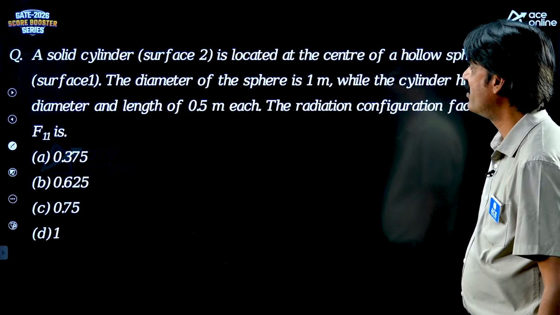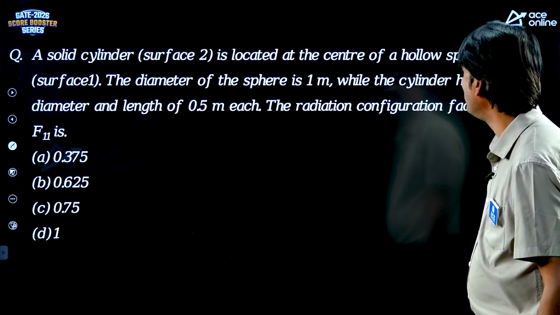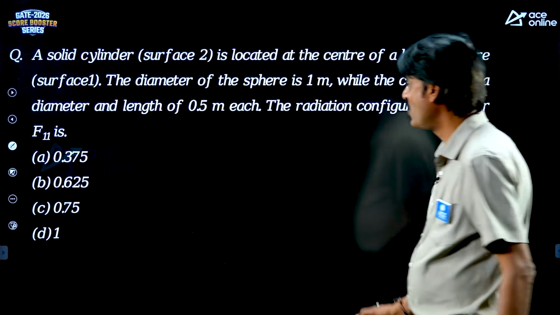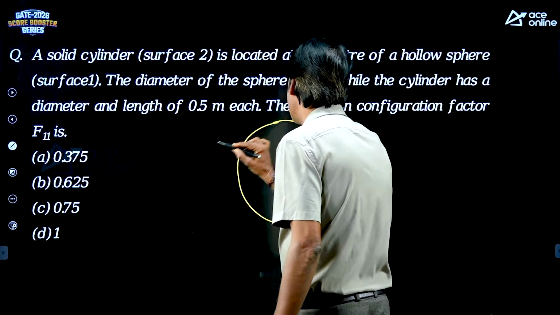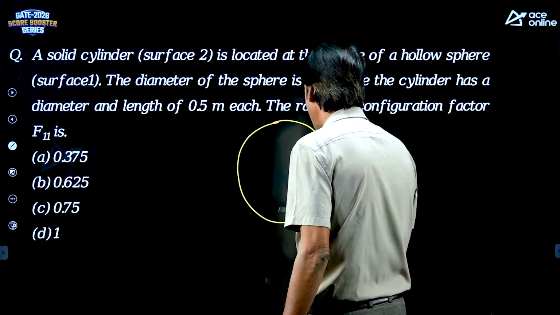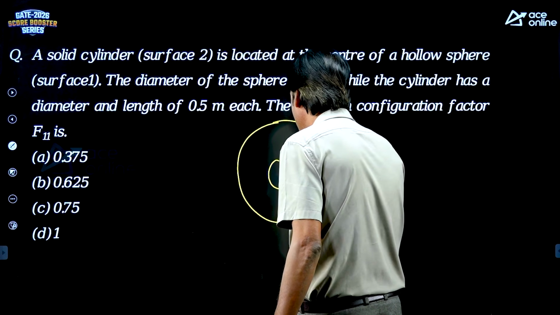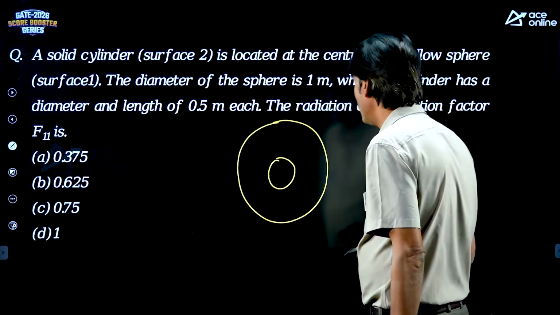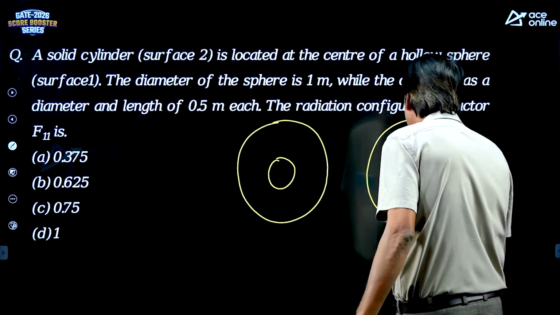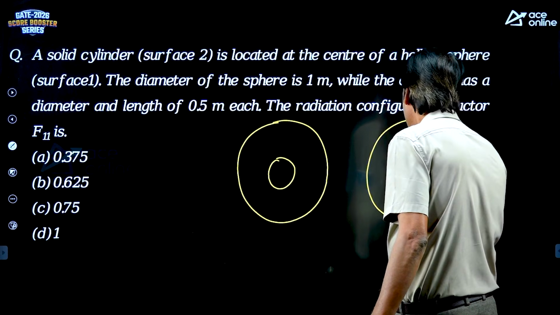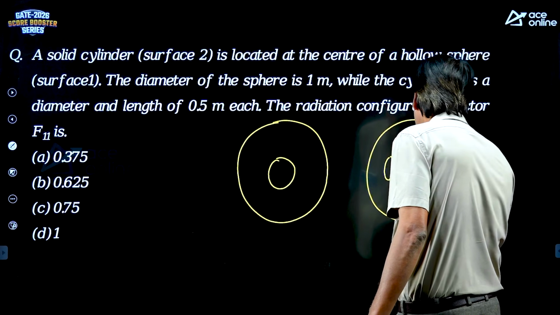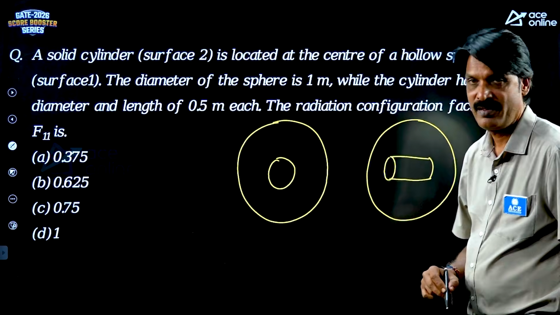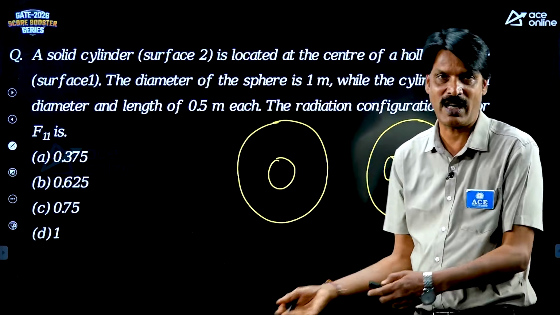A solid cylinder is located at the center of a hollow sphere. So there is a sphere, and at the center there is a cylinder. If you look at the side view, this is what you have, slightly moved, not exact.